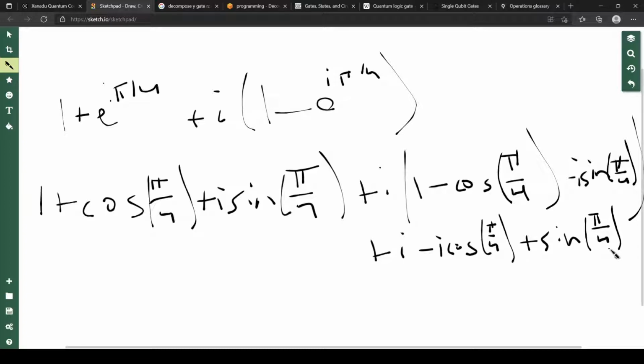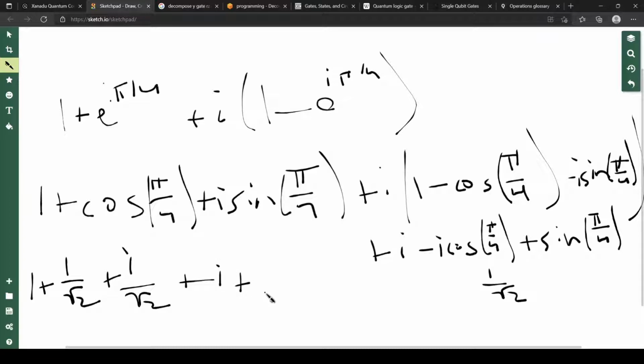Pi over 4 is always 1 over square root of 2. So now we have 1 plus 1 over square root of 2 plus i over square root of 2 plus i, sorry, minus i over square root of 2 plus 1 over square root of 2.